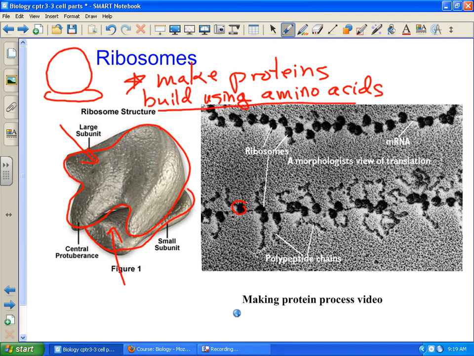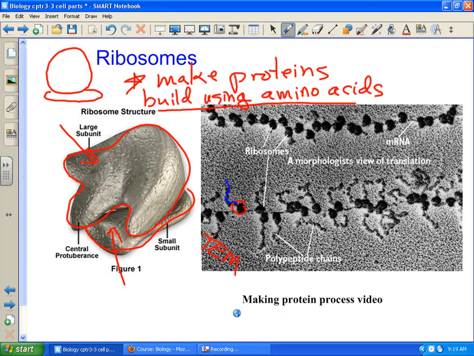Now, let's take a look at this picture. This is a real picture. This is a TEM. Any ideas what that means? Transmission electron microscope. Thank you! All right, so transmission electron micrograph. So this is using electron microscopes. Really, really small ribosomes. And what we're actually seeing is the ribosome making the protein.